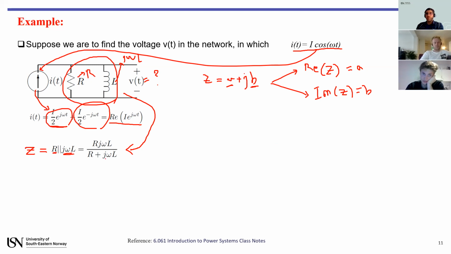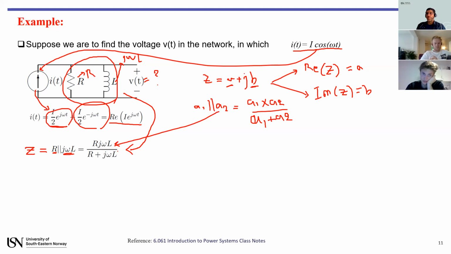It will be the parallel. When you have two in parallel, we talked about that before: A1 in parallel with A2 will be A1 times A2 over A1 plus A2.